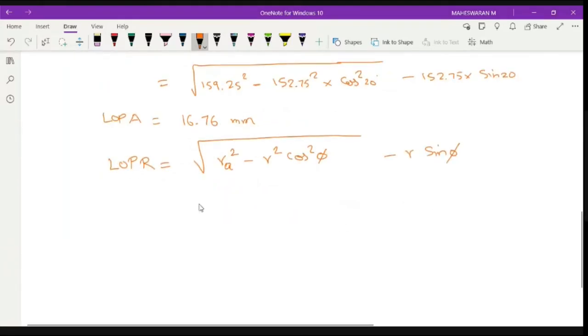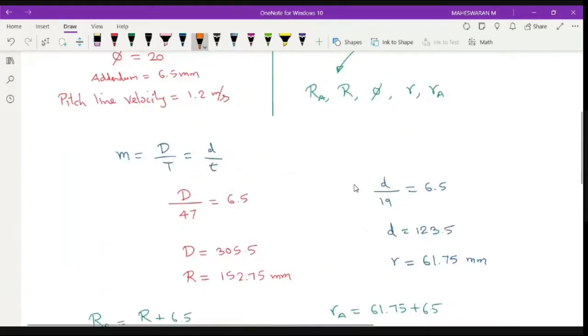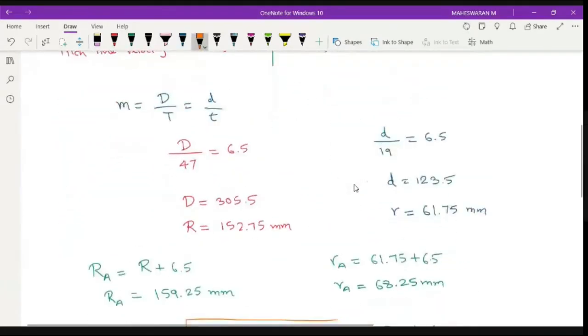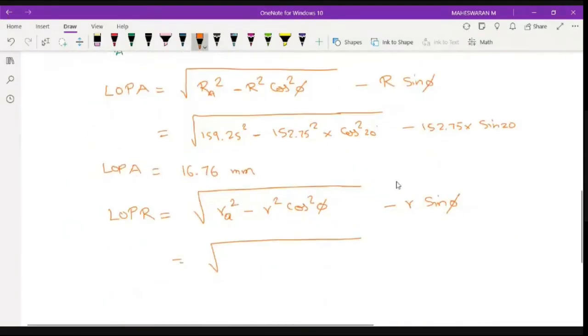So substituting the values, it is equal to root of 68.25 square minus 61.75 square into cos square 20 degree minus 61.75 into sine 20. So identify what is the value for this.